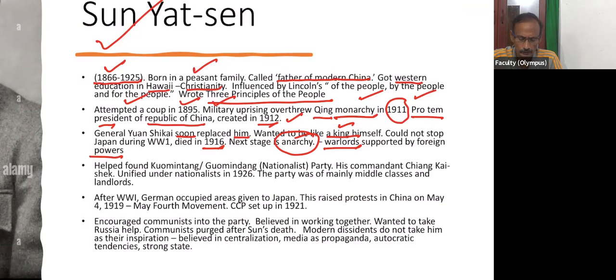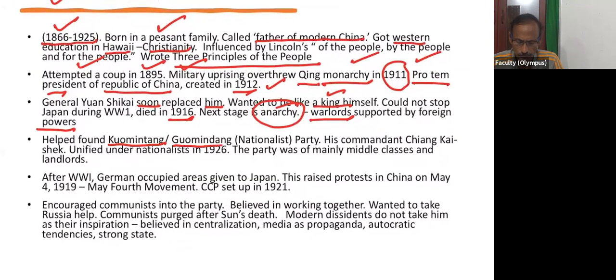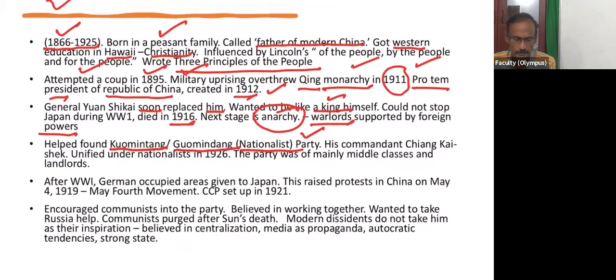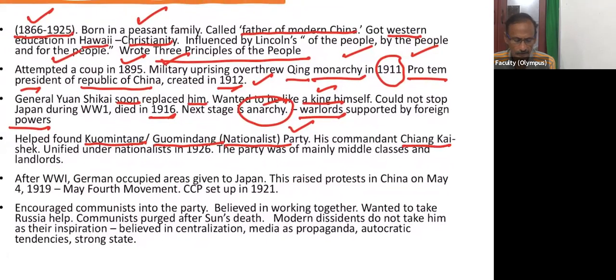And in this process, Sun Yat-sen also founded what was called the Kuomintang, also the Nationalist Party. And the second important person in this Nationalist Party, Sun Yat-sen's commandant, was Chiang Kai-shek.